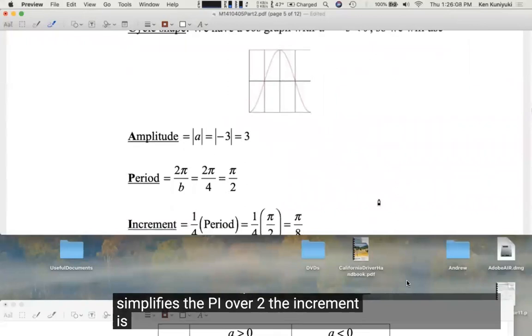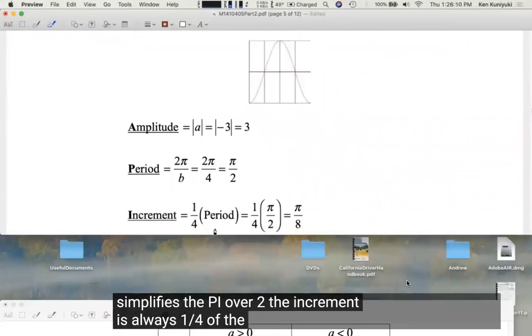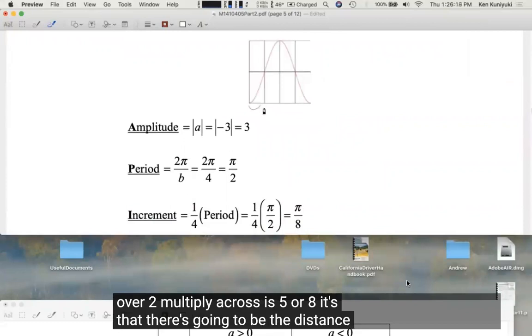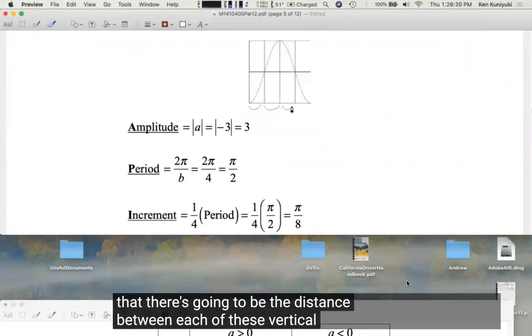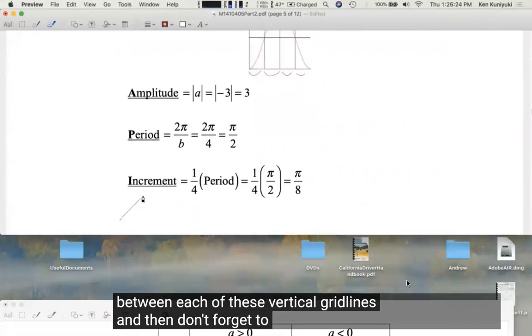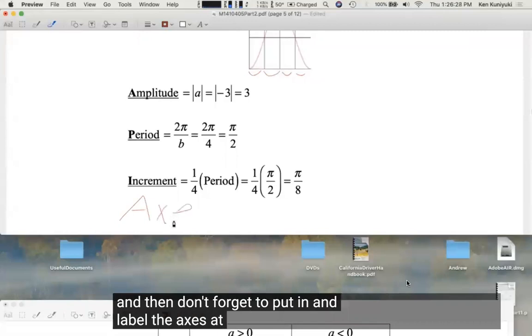The increment is always 1/4 of the period. 1/4 times pi over 2, multiply across, is pi over 8. It's going to be the distance between each of these vertical grid lines. And then don't forget to put in and label the axes at the end.